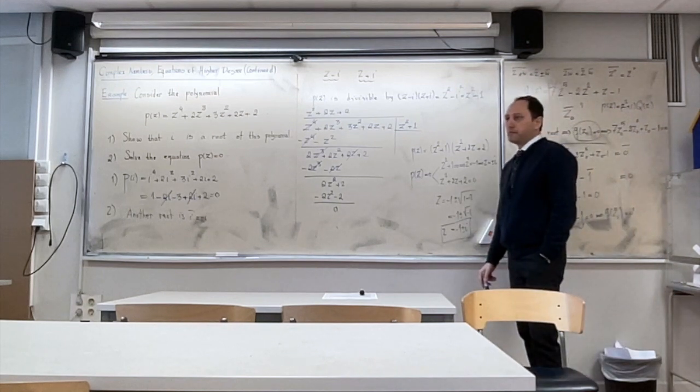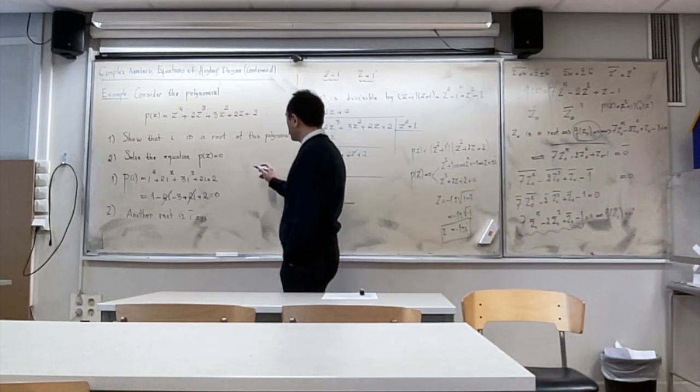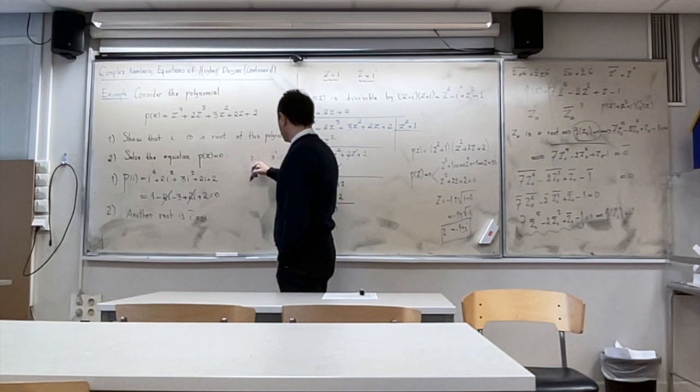Yes? Do we even need to say that z minus 1 and z plus 1 are relatively prime? Yes. I want you to understand that. You don't need to write it down. But if I have something divisible by x minus 1 and x squared minus 1, no. So let me see. x minus 1 and x cubed minus 1.